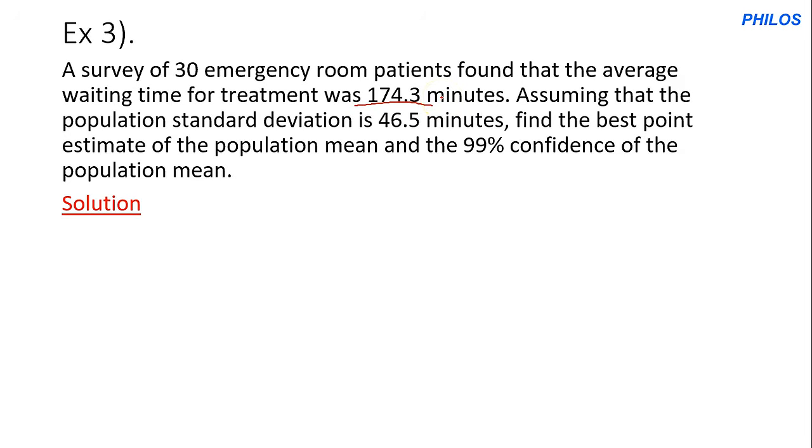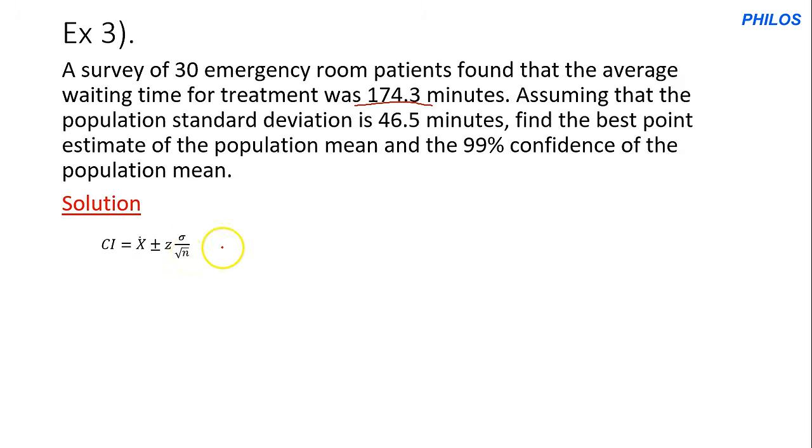So let's go to the second question. The second question says you should construct a 99% confidence interval. So to do that, let's recall the formula. I gave you two formulas for confidence interval and I told you that they are both the same. So you can decide to use either of them. Okay. So I want to write this x bar plus or minus z times standard deviation over root n.